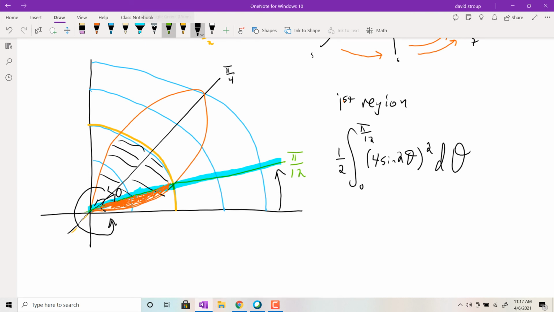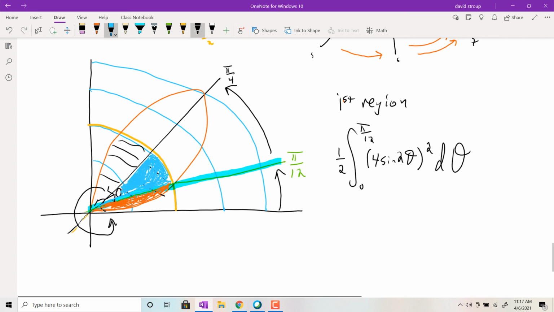So the second region from pi over 12 to pi over 4. In that region, we want the area underneath the yellow curve. Okay, so in that region, I actually want this area. And the curve that's going to give that to us will be r equals 2. Right? If you find the area underneath the curve r equals 2, you're going to get that blue region that I'm coloring in.